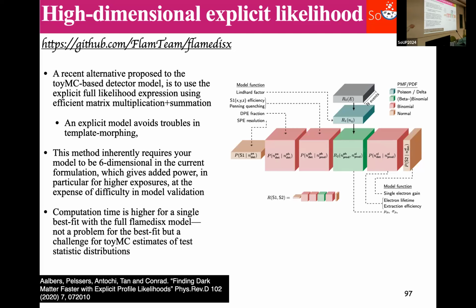And you can write out all these probabilities in an efficient matrix language in such a way that you can give a probability to observe that event at that time, in that position, with that S1, with that S2, which is quite nice. But this inherently requires a model to be very highly dimensional, six-dimensional.